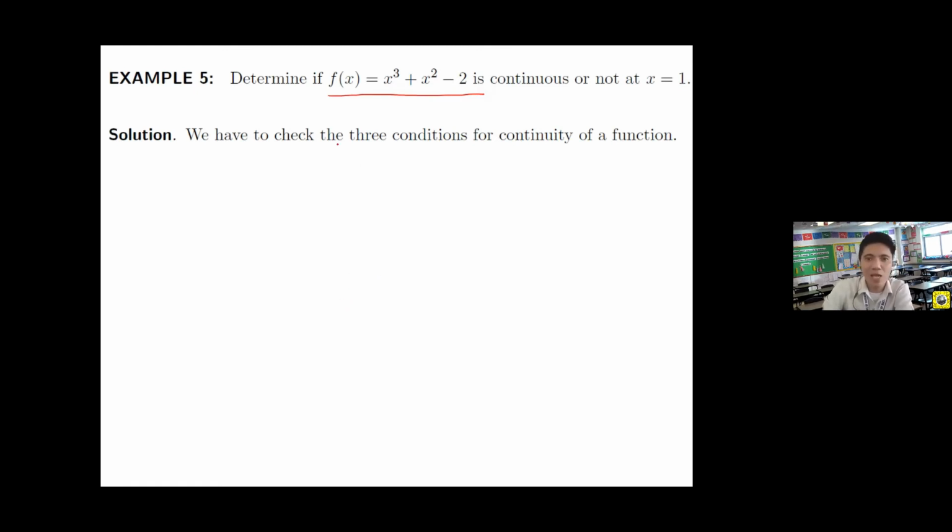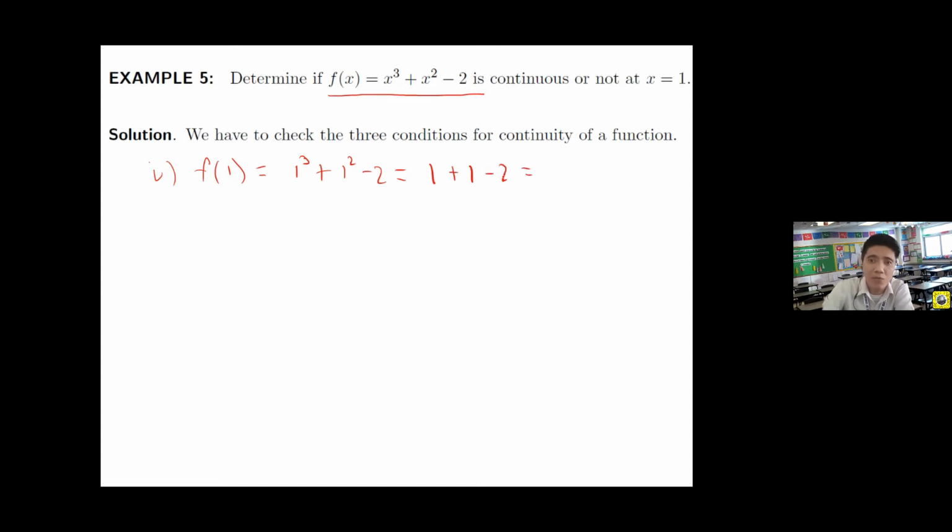So what if there is none? What you do, again, first condition, check if f of c exists. Meaning f of 1. You solve f of 1 by substituting 1 for all x: 1 cubed plus 1 squared minus 2. 1 cubed is 1, plus 1 squared is another 1, minus 2.